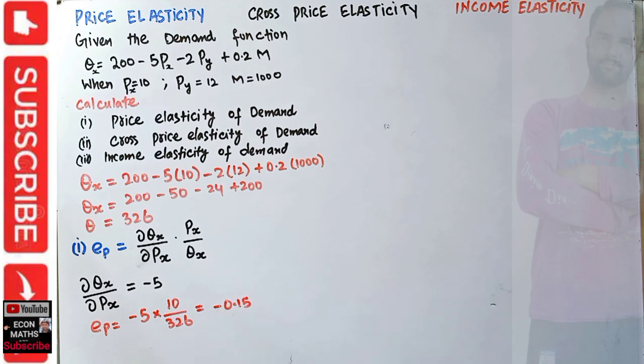Now remember, here we have a negative price elasticity of demand. It shows there is a negative relationship between price of good X and quantity demanded of good X. Also, since the elasticity of demand is less than 1, demand is inelastic.